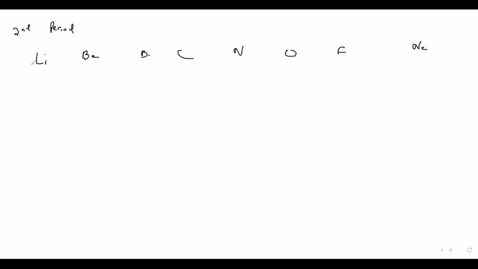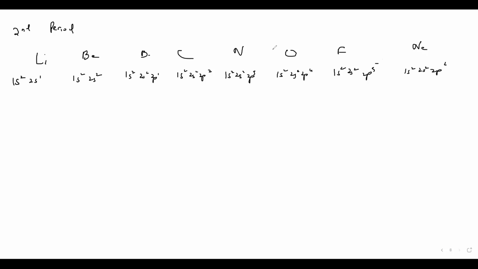Lithium is 1s2, 2s1; beryllium 1s2, 2s2; boron 1s2, 2s2, 2p1; carbon 1s2, 2s2, 2p2; nitrogen 1s2, 2s2, 2p3; oxygen 1s2, 2s2, 2p4; fluorine 1s2, 2s2, 2p5; and neon 1s2, 2s2, 2p6.